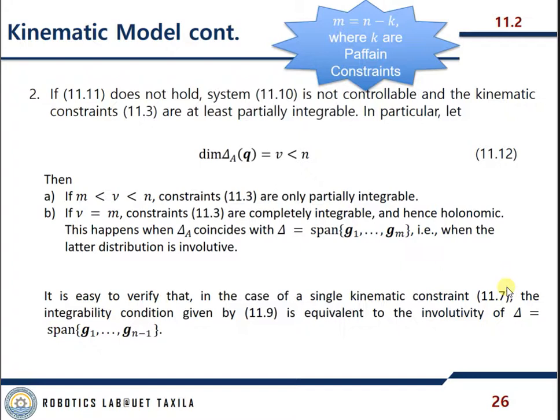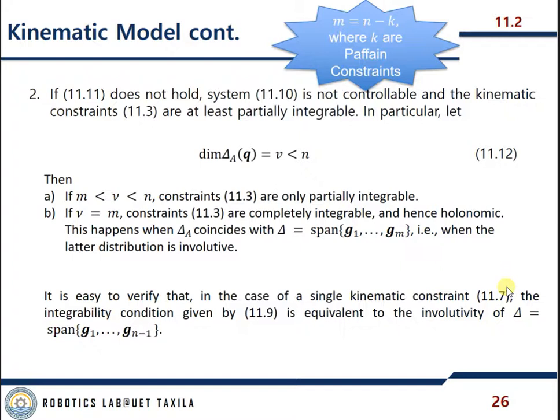There is one more interesting situation, when the number of Pfaffian constraints is k equals n minus 1, just one less than the dimension of the configuration space. In this case, the associated kinematic model 11.10 consists of a single vector field, that is m equals 1.